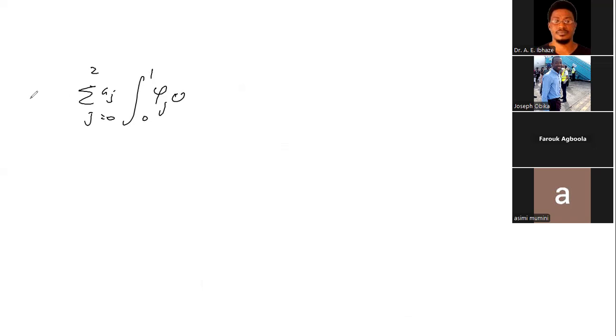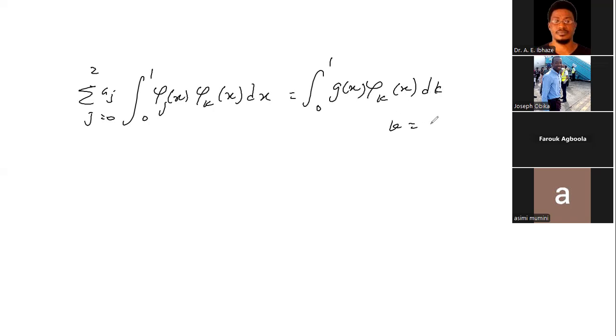This is more like having an orthogonal basis, the inner product, right? So here we have 0 to 1, g of x is given, times the basis function phi k. We know k takes on values 0, 1, 2. We have those 3 basis functions, okay?